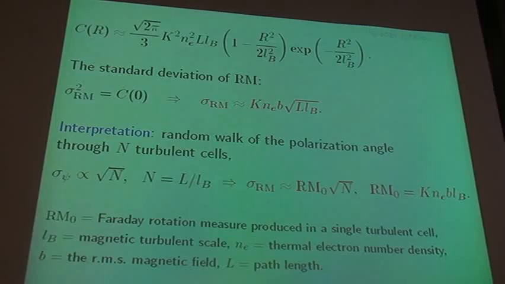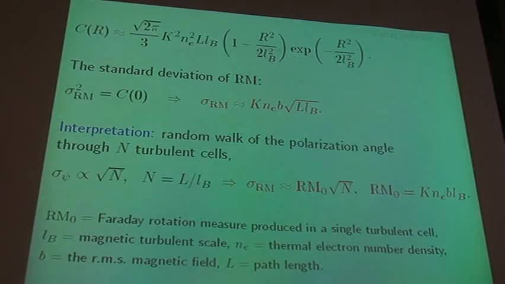So this rotation will be random, and the polarization angle will experience a random walk. So the difference, psi1 minus psi2, will experience a random walk. It will increase as a root of distance. The random walk law.